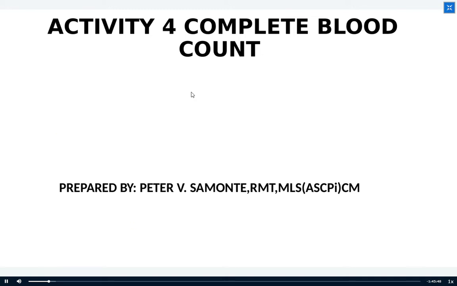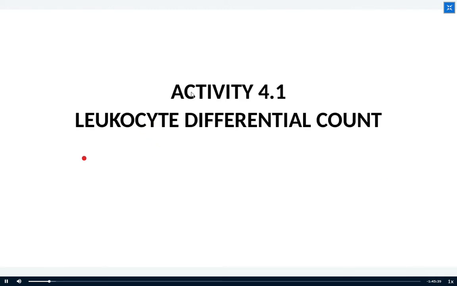One of those required for your CBC class would be your leukocyte differential count, also known as your WBC differential count. Now, for this one class, you would be differentiating. When you say differentiating, you're going to separate each type of WBC. I'll be discussing that on a broader and more specific term later.